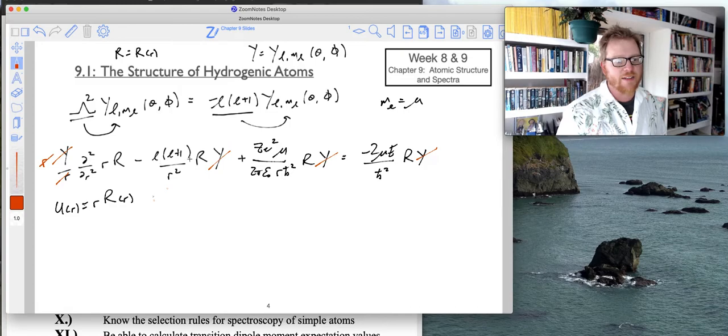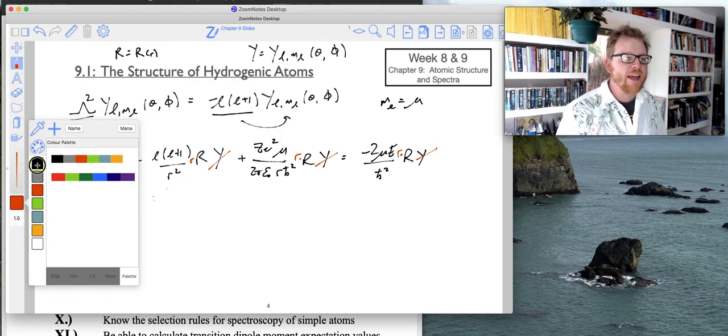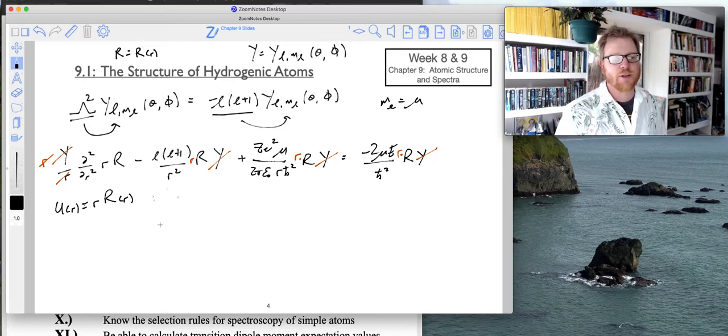Also, because I'm multiplying everything through by r, I have to do that to this term as well, and this one as well. Again, this is not something I'd expect you to just say, multiply everything by r and come up with this new function u of r. This is standard manipulation because it's going to make the differential equations easier to solve.